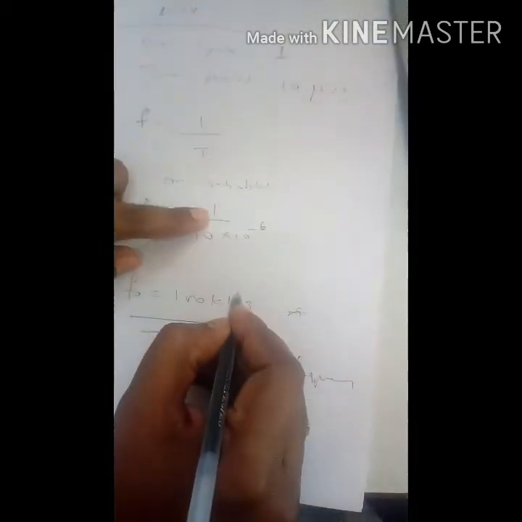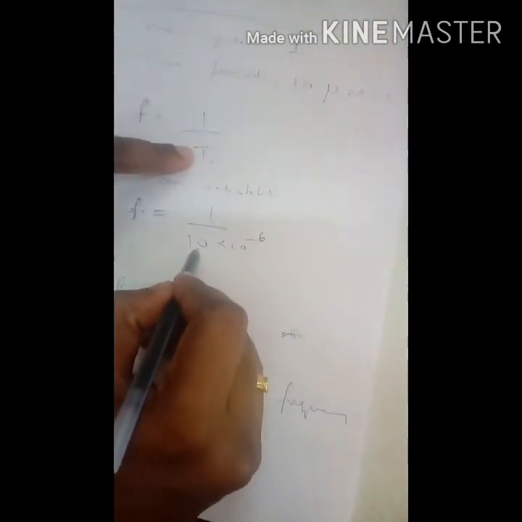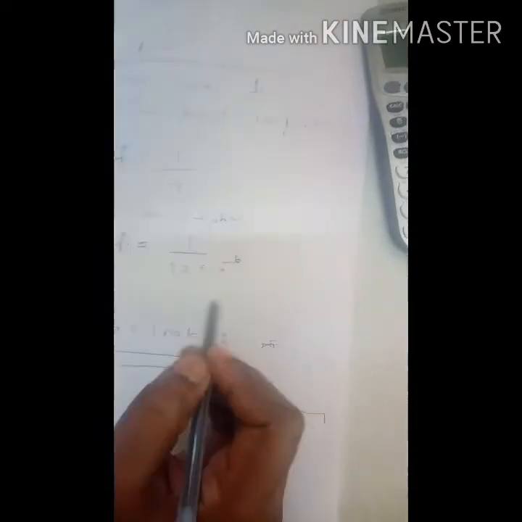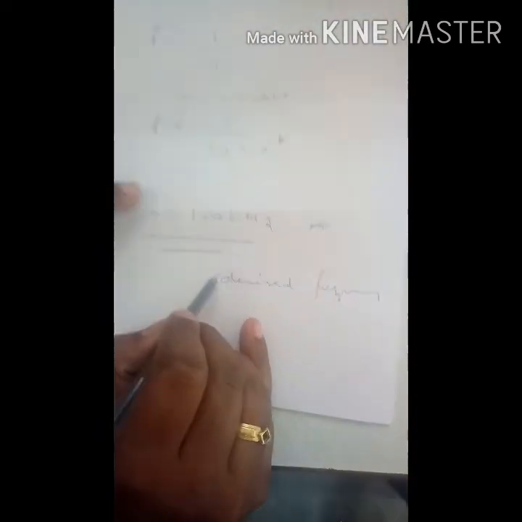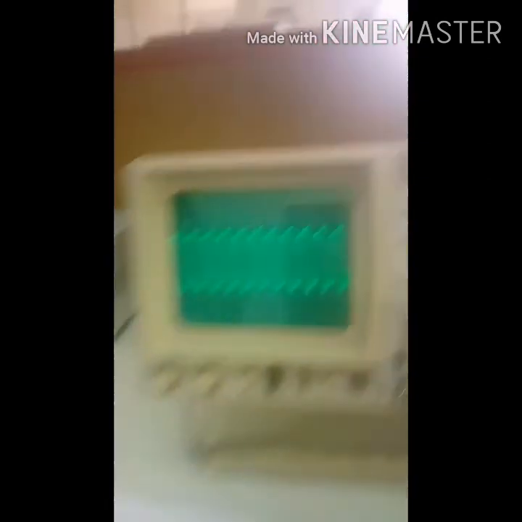We have a formula which relates frequency and time: f is equal to 1 by t. Here f is equal to 1 divided by t, where the time period t is 10 into 10 power minus 6 seconds. Hence you will get f equal to 100 kilohertz, which is exactly what we designed for this particular experiment, the Colpitts oscillator.